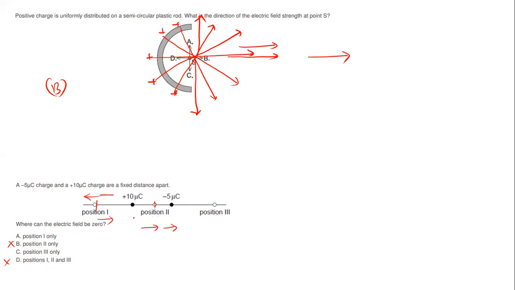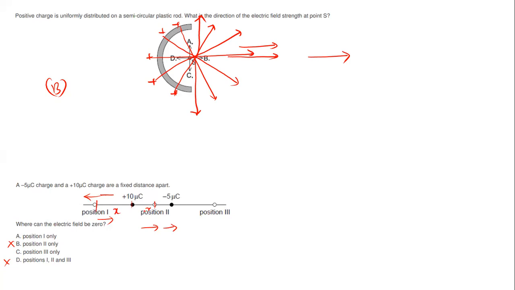Now, how do I decide whether it's a possibility or not? That's the first question we should ask. Now, what does it say? At a fixed distance, where can the electric field be zero? Now you see, this charge is 10 microcoulomb, and you observe that they're all kept at equidistance over here.